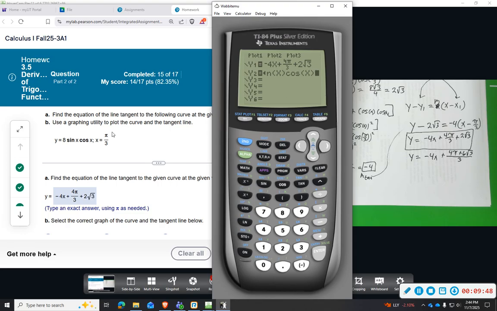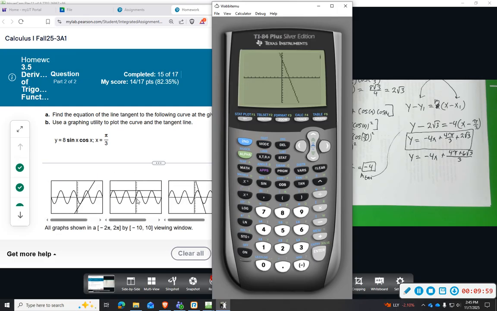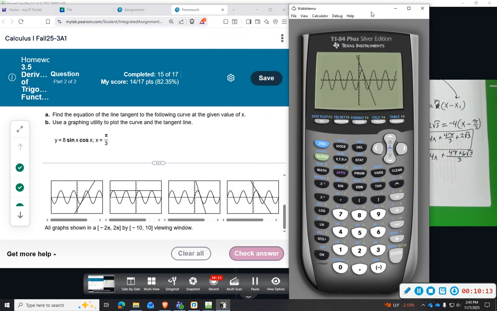Okay, so we got all of that plugged in. We're going to go to window. Okay, so if I graph it right now, I'll just go ahead and graph it right now. It won't look exactly like any of these graphs, maybe not, because the window isn't the same. Maybe it looks pretty close anyway. Based on this image, I would pick D.